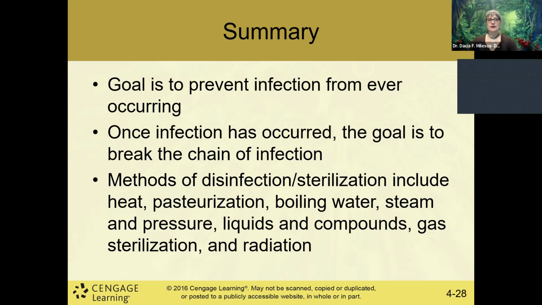Second, once the infection has occurred, the goal is to break the chain of infection, and the methods of disinfection and sterilization include all of the things that we've mentioned: heat, pasteurization, boiling point of water, steam and pressure, liquids, compounds, gas sterilization, and last but not least, radiation.